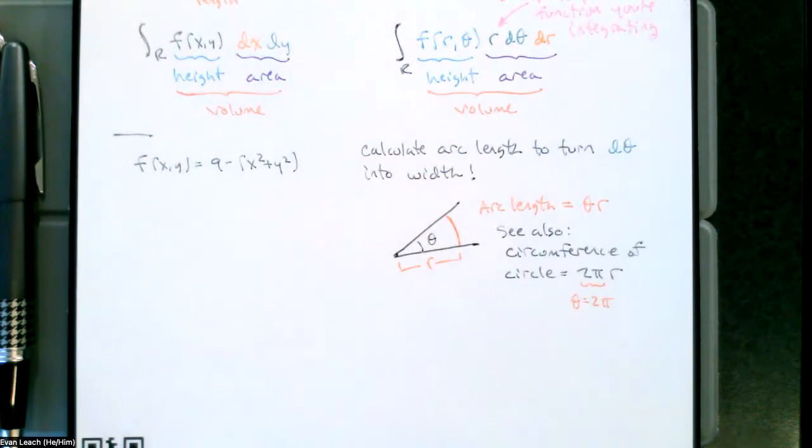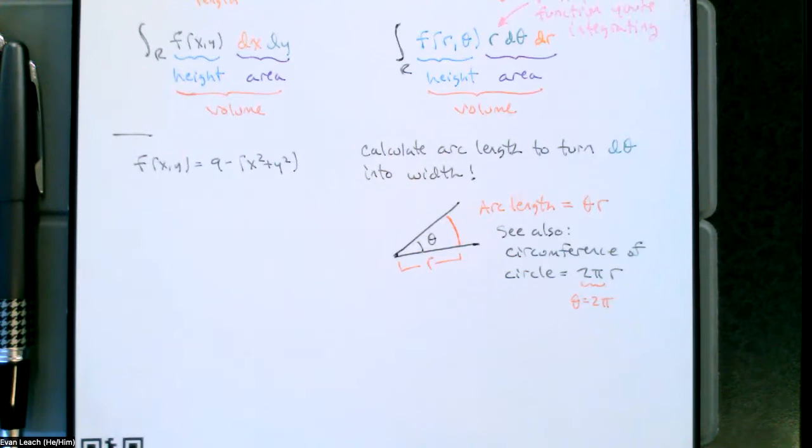So recall, we integrated this function, 9 minus the circle. Oh, 9 minus x squared plus y squared. 9 minus the sum of the square of x and the square of y. See, this is the problem in pointing out how badly we speak math.